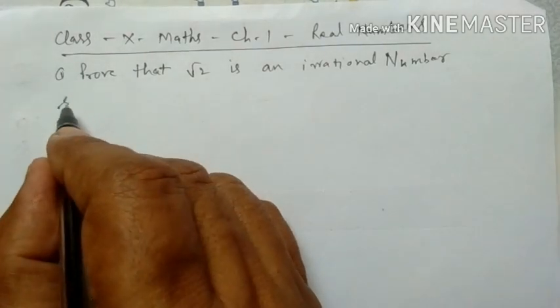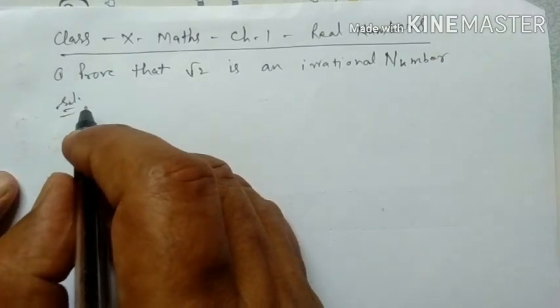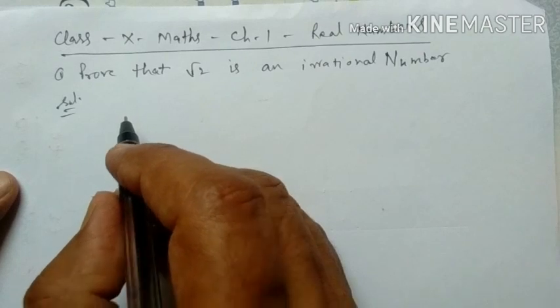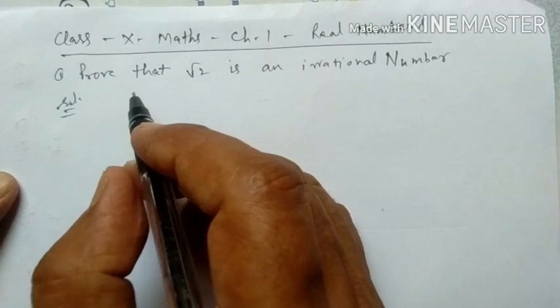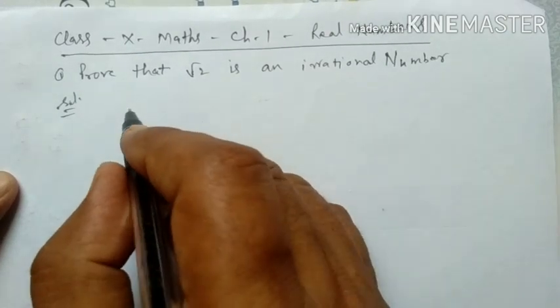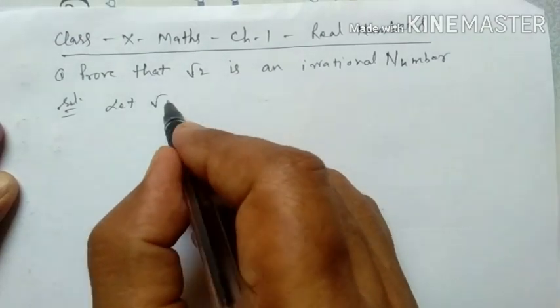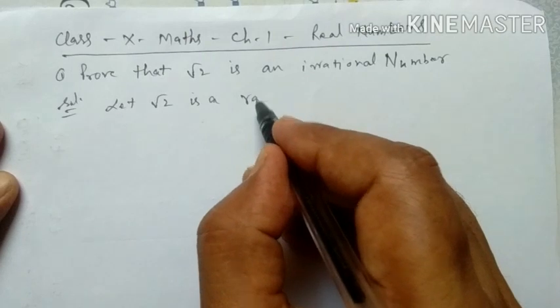So, to prove this number, we use contradiction method. First, let us suppose that under root 2 is a rational number.